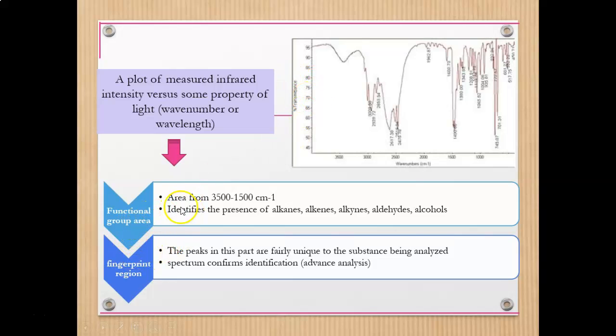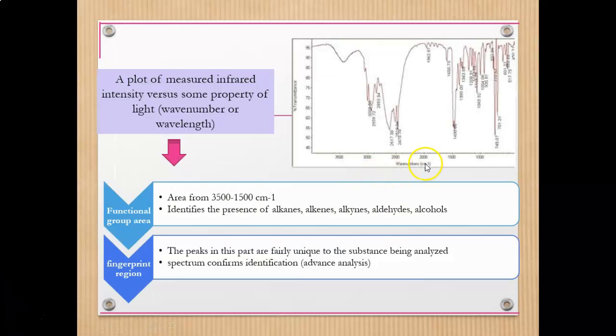So the functional group area is from 3500 to 1500. It identifies the presence of alkane, alkene, alkyne, aldehyde, alcohol, and so on. The fingerprint region is where the peaks in this part are fairly unique to the substance being analyzed. The spectrum confirms identification, which is needed for advanced analysis.